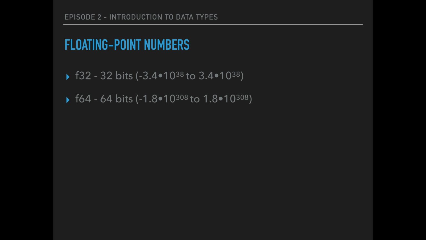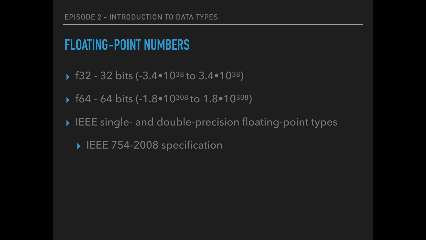And these are implemented in the IEEE 754-2008 specification. And I'm not going to go into detail on how these are implemented, but if you want to find out, you can Google for IEEE 754-2008 and you'll find out.